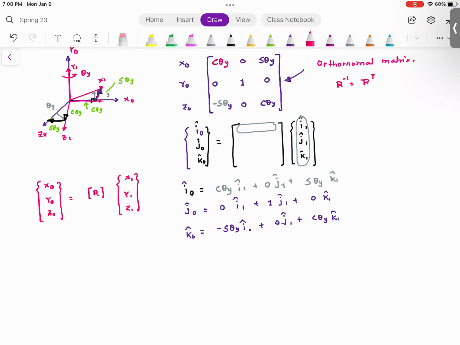If I multiply by R inverse on both sides, what I get is x0, y0, z0 is equal to R inverse multiplied by R, which gives me an identity matrix I, and I have x1, y1, z1. Finding the inverse is very painful, but since the matrix is orthonormal, inverse is equal to transpose. So I can just write R transpose.